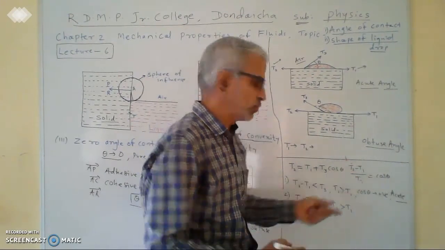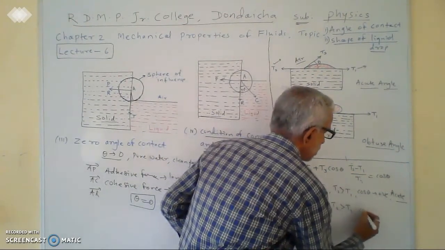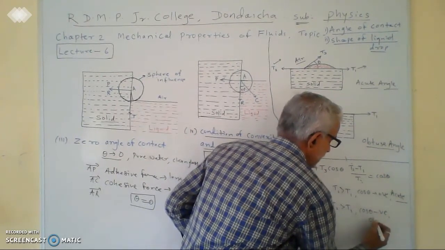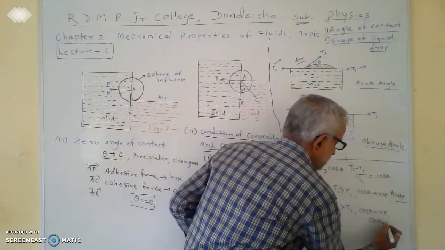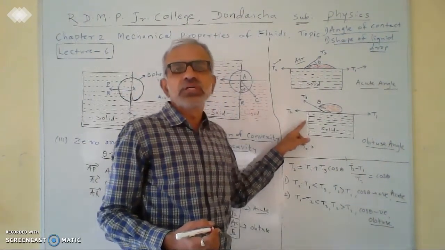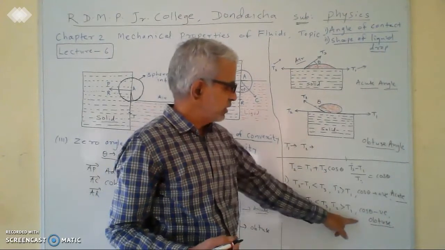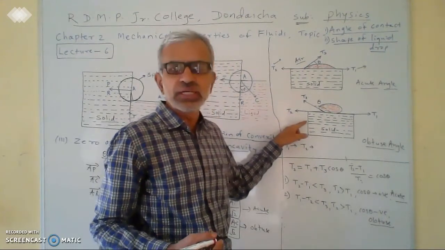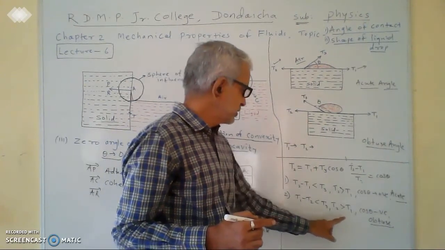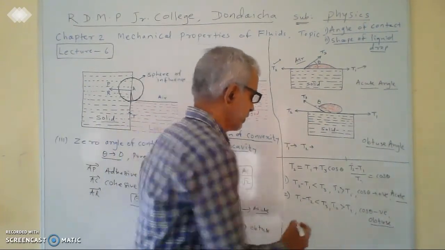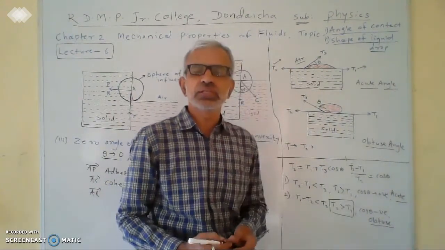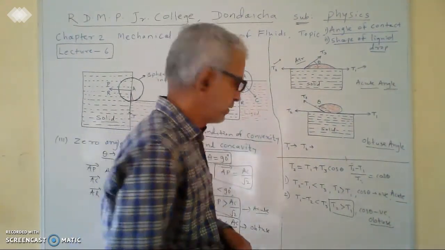It will be negative. So the value of cos theta will be negative and the angle which is formed is an obtuse angle. म्हणजे या फिगर मध्ये obtuse angle of contact हा फॉर्म झालेला आहे. मग obtuse angle of contact साठी ही कंडिशन असेल, T1 greater than T2. म्हणजे T1 ची किंमत T2 पेक्षाही जास्त असेल तर cos theta हा निगेटिव्ह राहील.